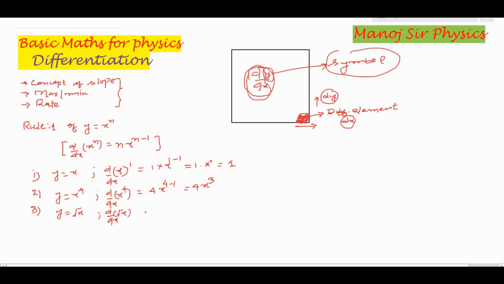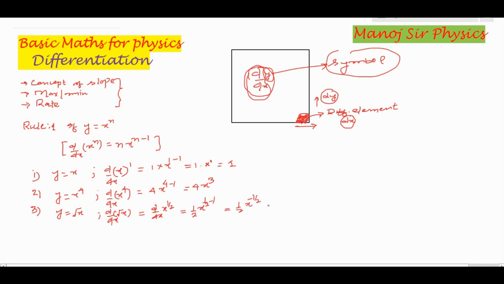Root x means x raised to power half. I can further write d by dx of x raised to power half. n is half, so I can write half x raised to power half minus 1, that is 1 by 2.